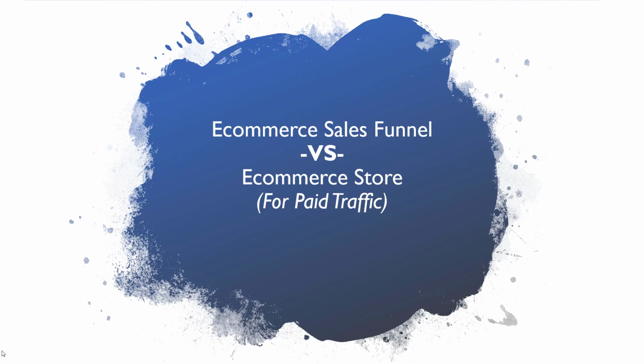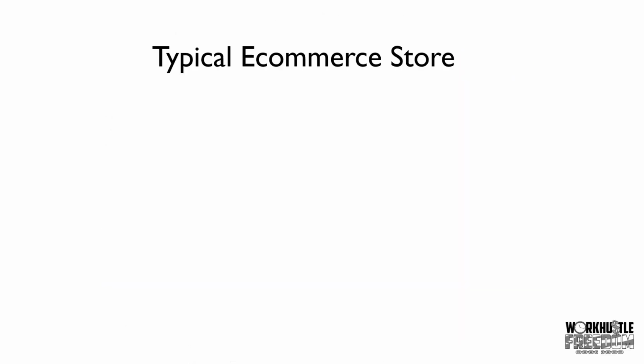So let's get started. We're going to look at a typical e-commerce flow. If my screen will behave there, a typical e-commerce store is set up like this. You have the traffic. In this model it's paid traffic, but it could be organic. Most of the time, it's from Facebook or Google ads or something like that.